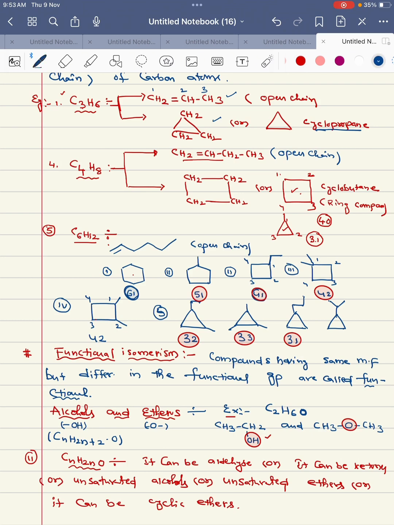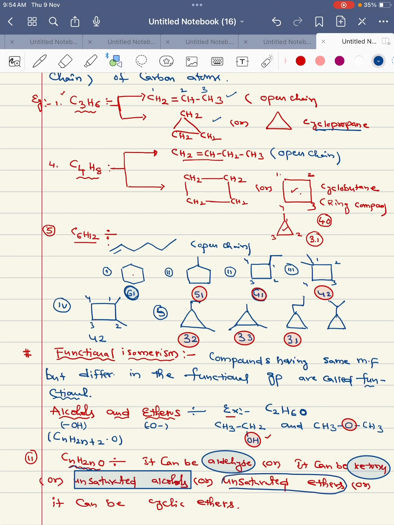Here I have written lengthy compounds with the molecular formula CnH2nO. See what functional groups will come here. One is aldehyde, it is a ketone, or it is unsaturated alcohol also. Unsaturated means a double bond will come.